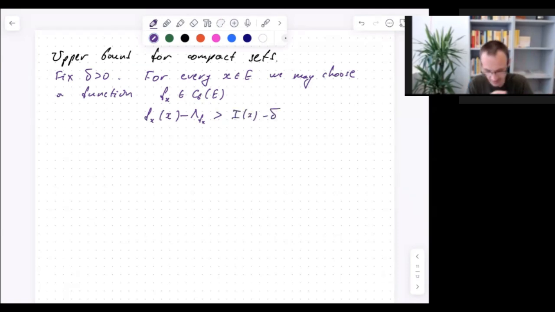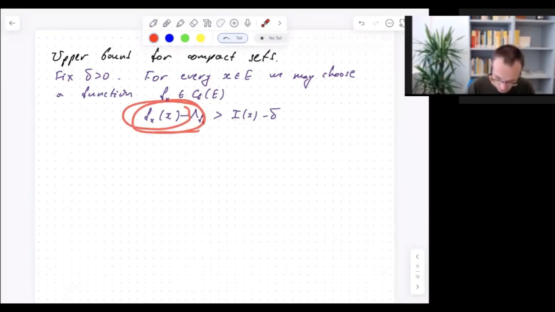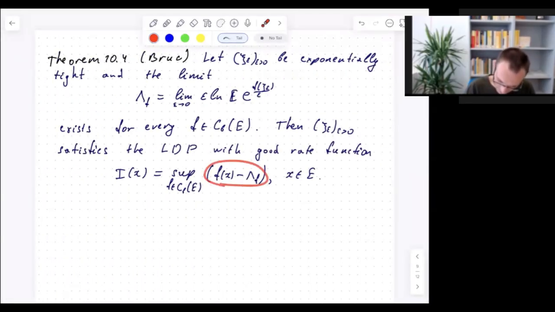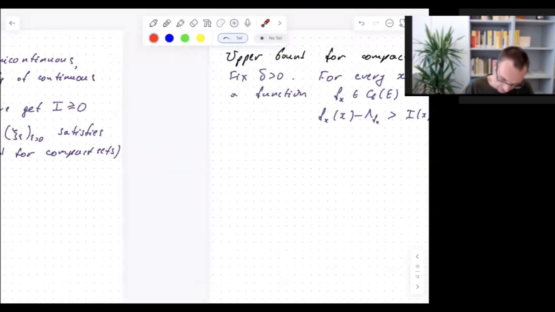So you just make a step left a little bit. According to the definition of supremum, there exists at least one function such that your supremum minus delta will be smaller than the value for that concrete function.